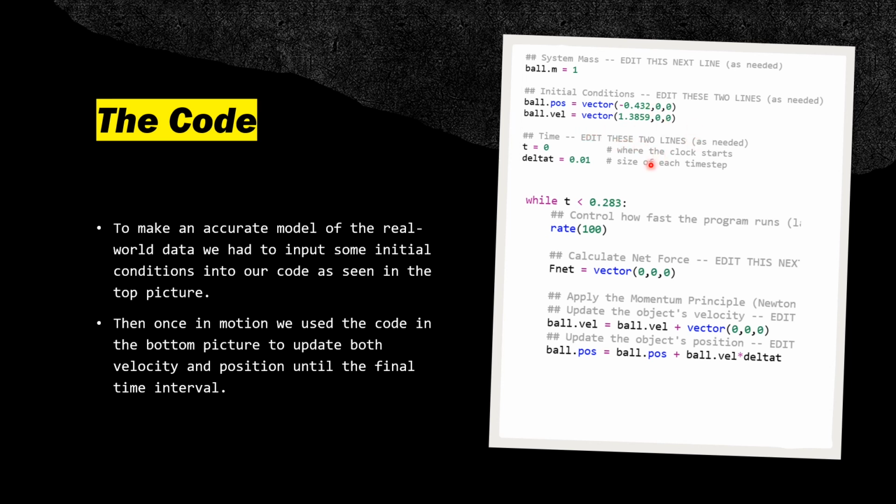And then once the object was in motion, we use the code in the bottom picture to update both our velocity and also update our position. But since F net equals 0, the velocity will stay constant, and that's why we're adding the 0 vector here. But then the position will update since it is moving with a constant velocity.